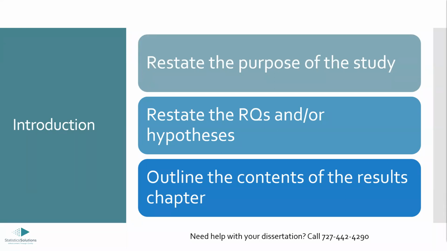This can be as simple as listing out all of the section headings that will appear in the chapter. So the introduction is just really brief. It doesn't have to be a whole lot of detail. It's really just restating purpose, research questions, and letting the reader know what to expect in the chapter.